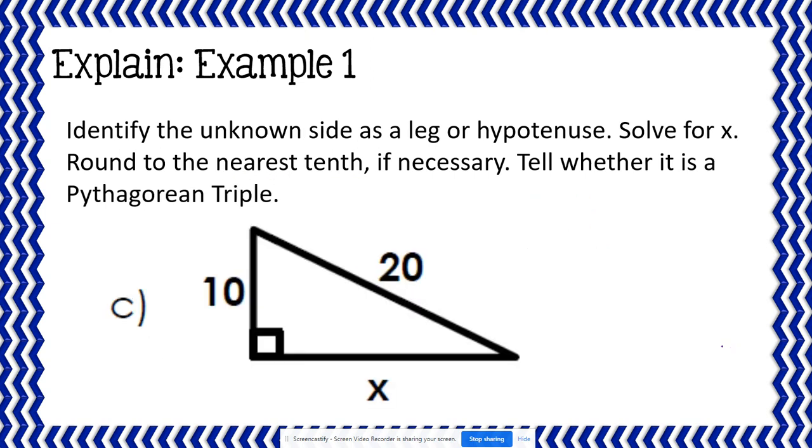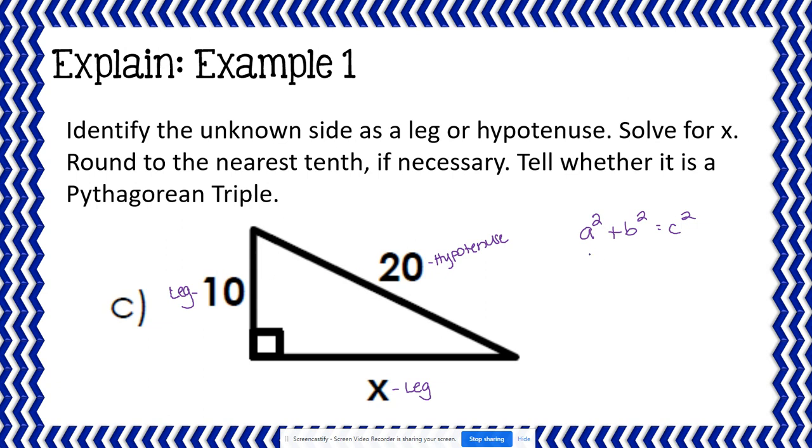For part C, I see that I'm missing side x, but x is adjacent to my right angle, which means I'm missing a leg. So I'm given one of my legs, and I'm given the hypotenuse. I'm plugging all of this into my formula, a squared plus b squared equals c squared.